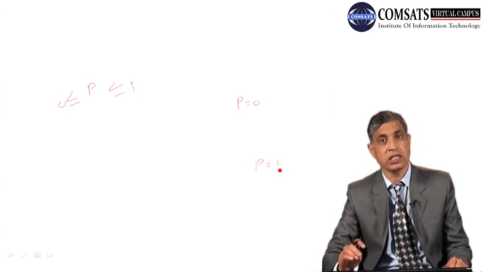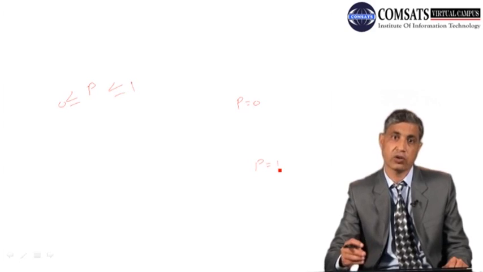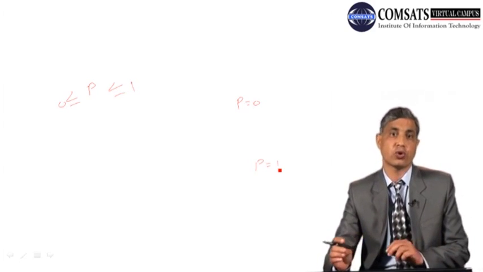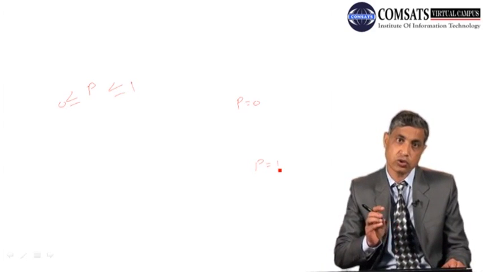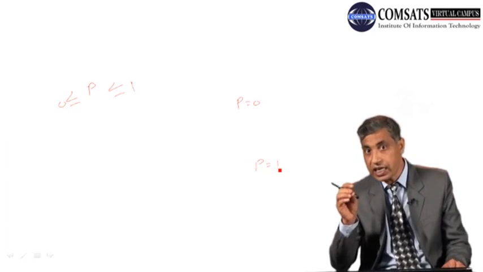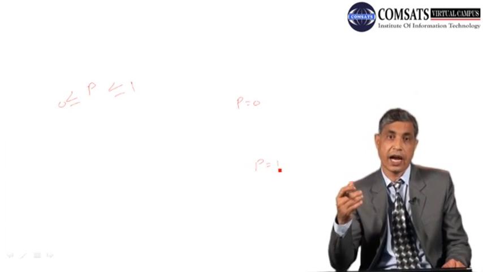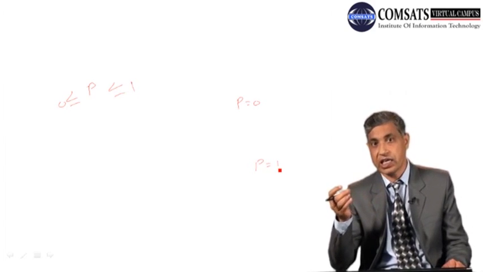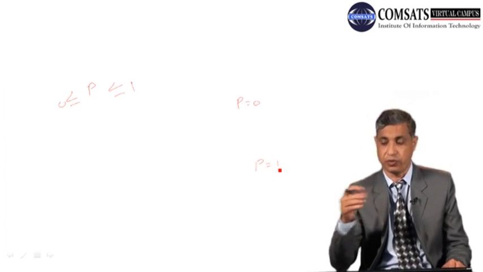So the first basic rule about probability is that it ranges between 0 and 1. The more it converges towards 1, the more the chances of occurrence of that event. And the more it converges towards 0, the more the probability of that event goes down.